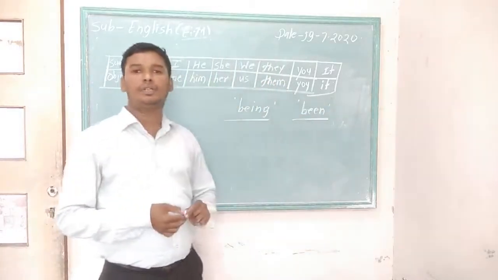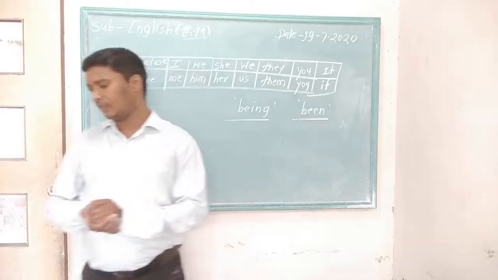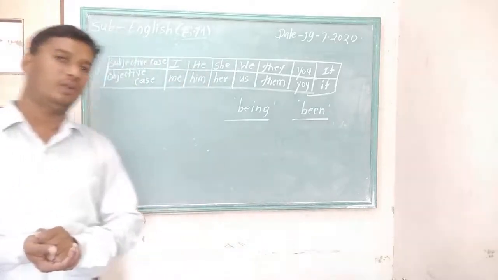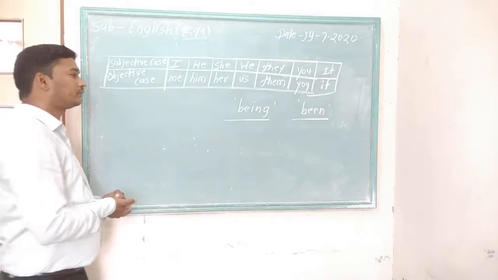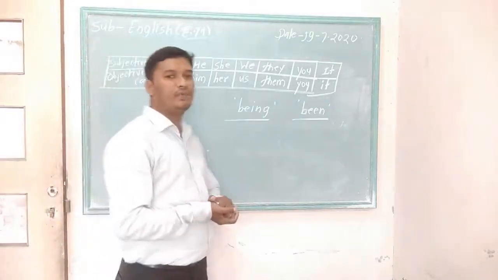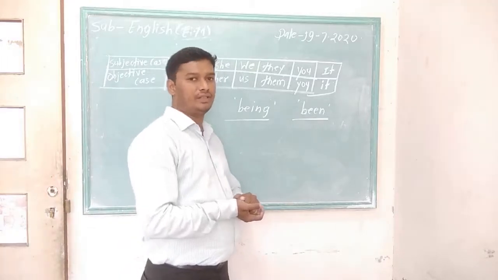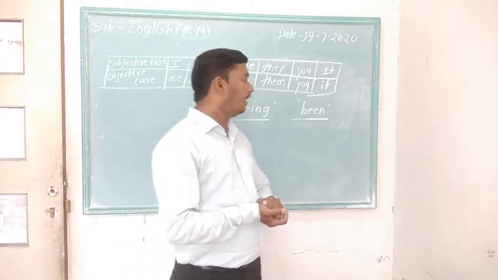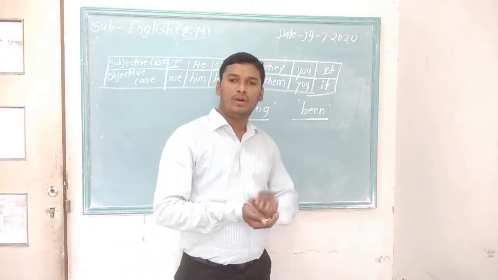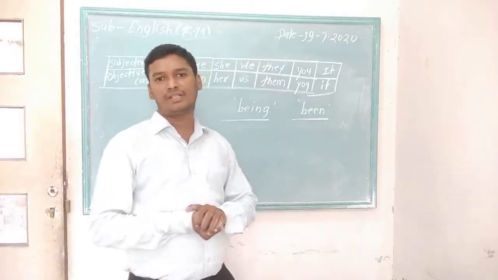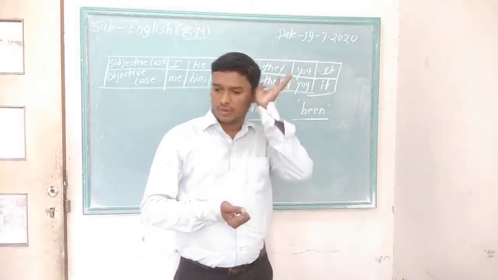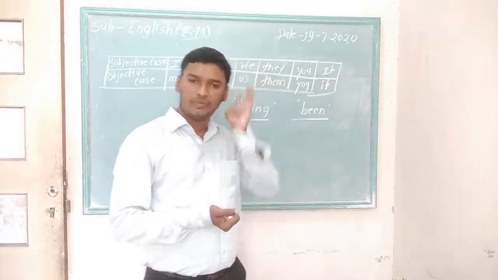Add been after the auxiliary verb in the passive voice sentence. Full stop. Other rules are same.